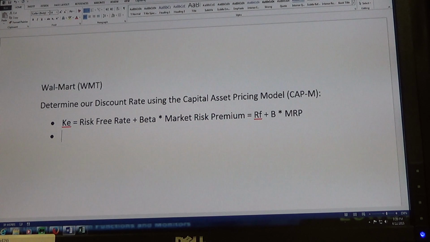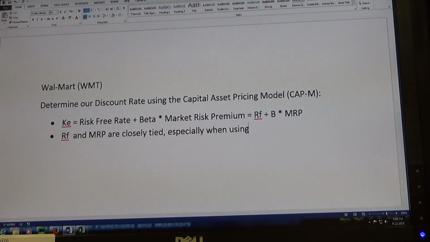So we'll start with coming up with the risk-free rate and market risk premium, and we know that the risk-free rate and market risk premium are closely tied, especially when using the implied approach for determining the market risk premium. So what do I mean by that?